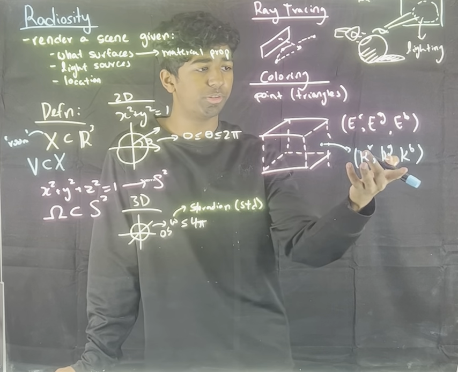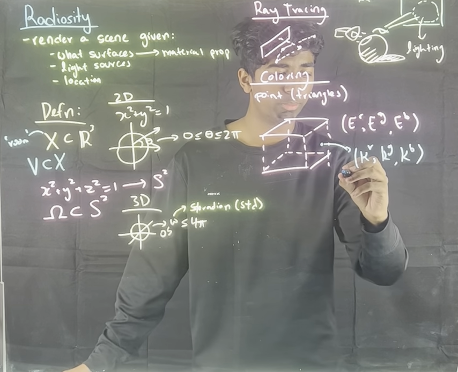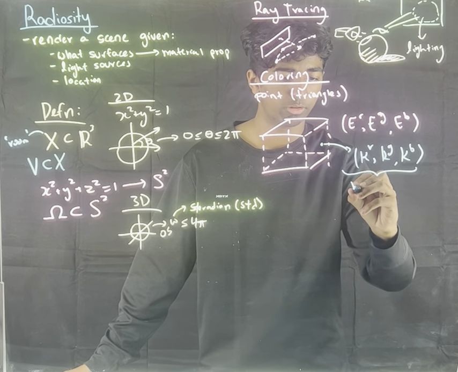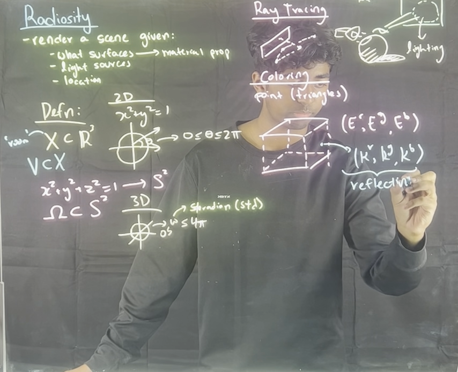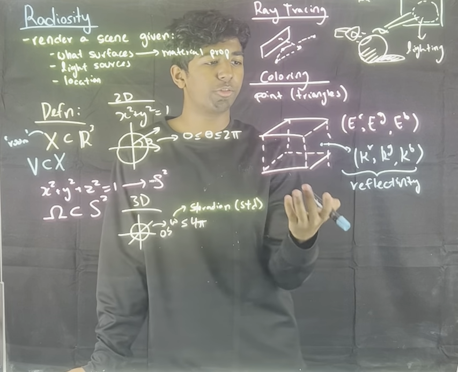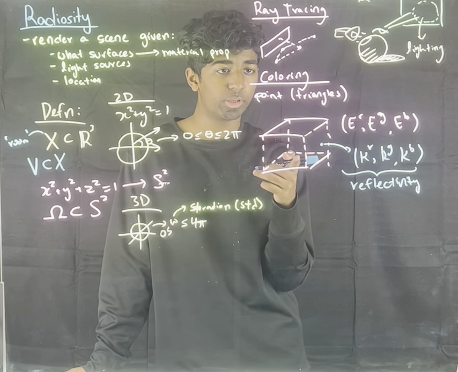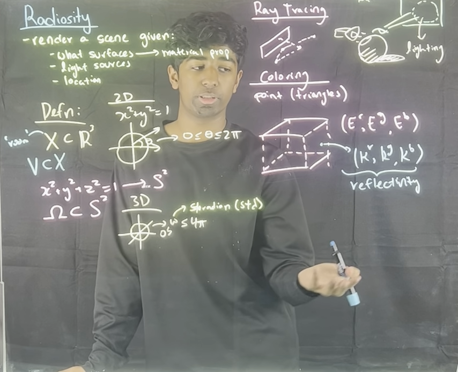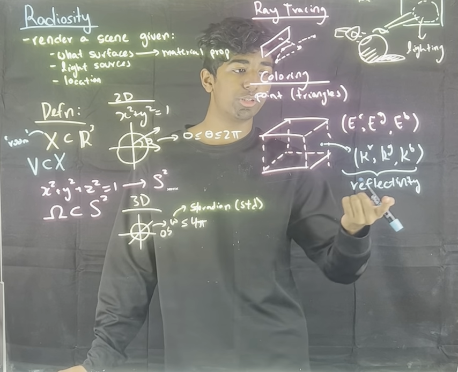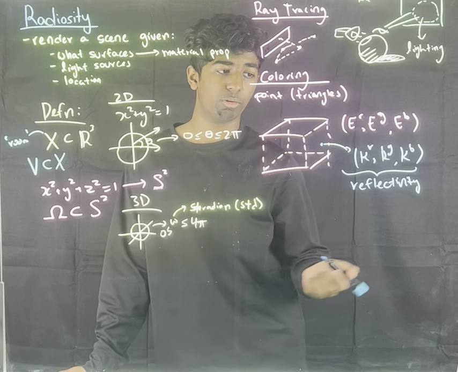Now this triple of numbers represents the reflectivity. And for example, if the reflectivity is 1, it reflects all of the light. So if KR is 1, it reflects all of the red light. If KG is 1, it reflects all of the green light, and so on, right?